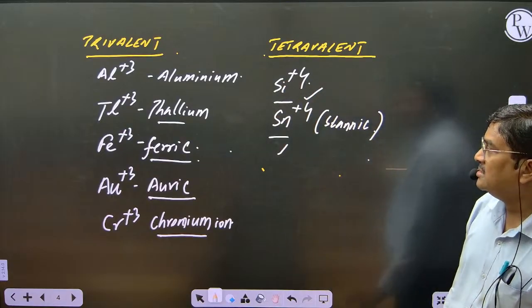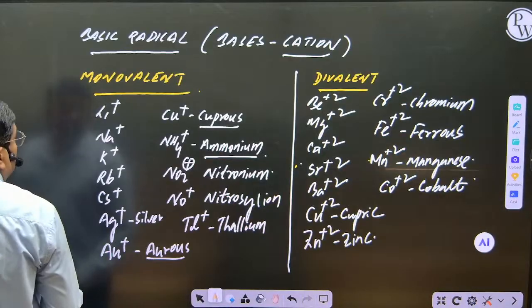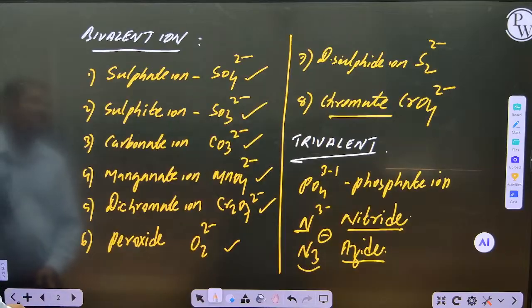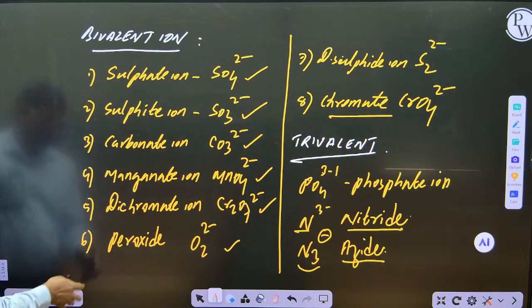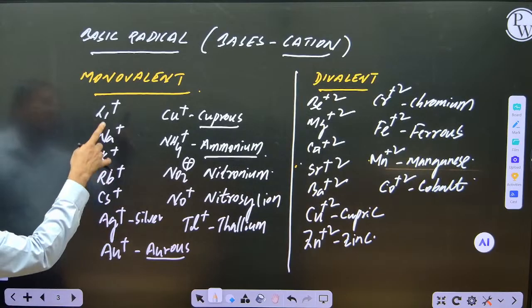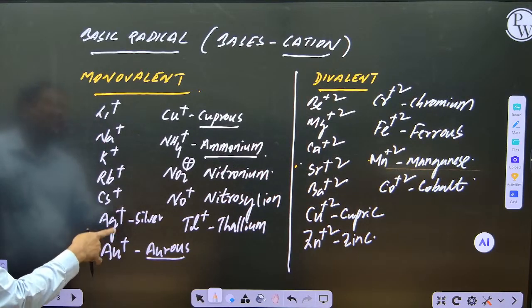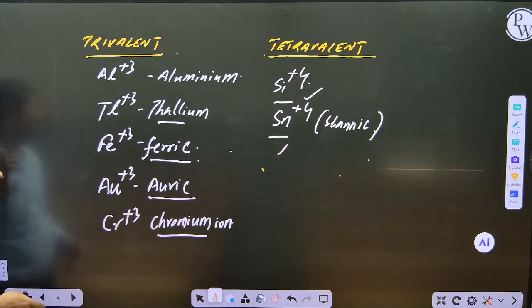So with this, all anions and cations are done. See, first we discussed monovalent anions, then bivalent anions, then trivalent anions. With this anions completed, we go on to basic radicals: monovalent, bivalent, trivalent, tetravalent.